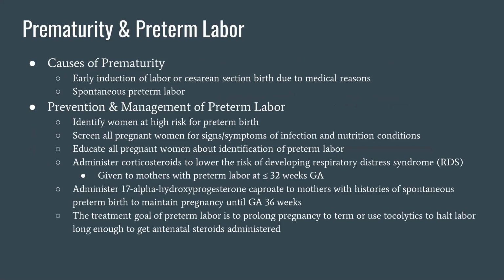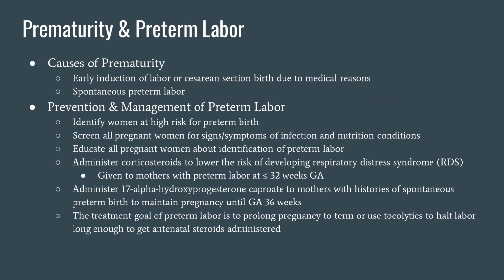So, for causes of prematurity, this can be due to spontaneous preterm labor, which has a bunch of different causes. Some common ones are multiple pregnancies, so pregnancies with twins, triplets, or other multiples. If the mother has an infection, she may go into spontaneous preterm labor.